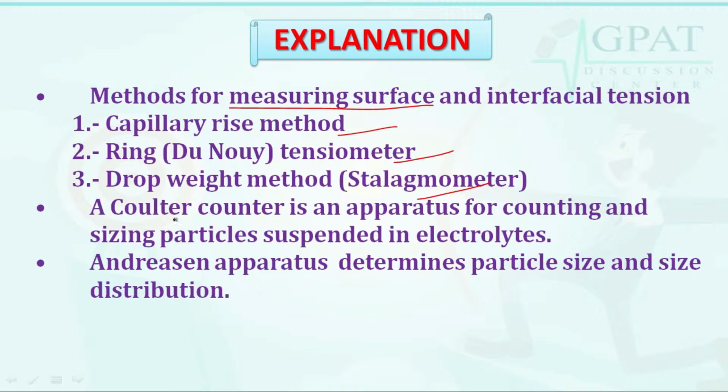A Coulter counter is an apparatus for counting and sizing particles suspended in electrolytes. And what about the Anderson pipette? Anderson apparatus determines particle size and size distribution. So the correct answer is ring du Noüy tensiometer, which is used for measuring the surface and interfacial tension.